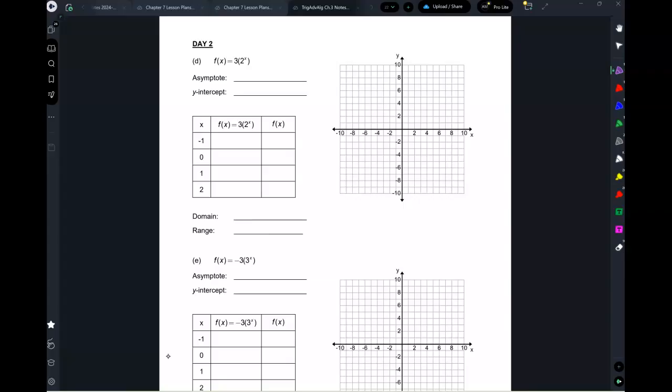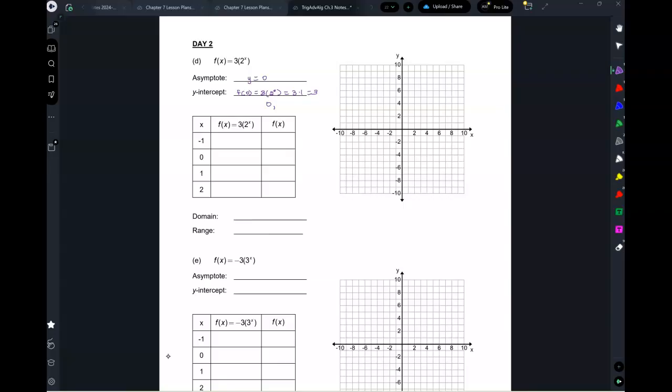So here we have f of x is equal to 3 times 2 to the x. The asymptote is again y equals 0, right? That is the default asymptote unless there is a vertical shift, which there isn't in this case. The y-intercept is f of 0, which is equal to 3 times 2 to the 0, which is equal to 3 times 1, so 3.